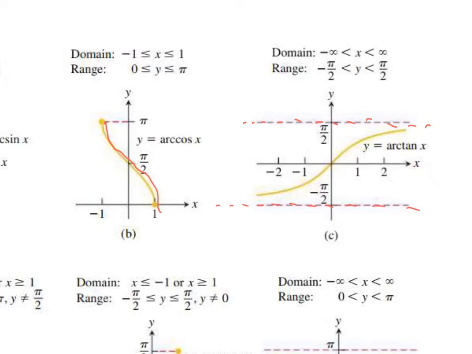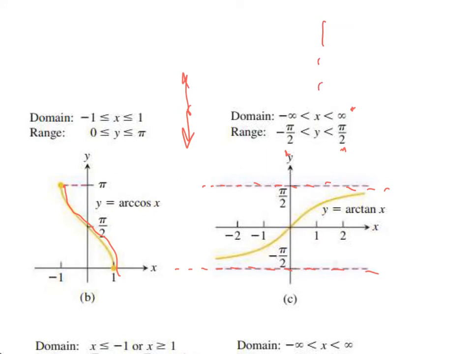And the domain goes from negative infinity to infinity, because the range went from negative infinity to infinity. Your range becomes -pi over 2 to pi over 2 because your principal domain of tangent was -pi over 2 to pi over 2. But remember, that was asymptotic at those places, and the function went like that, as you recall.